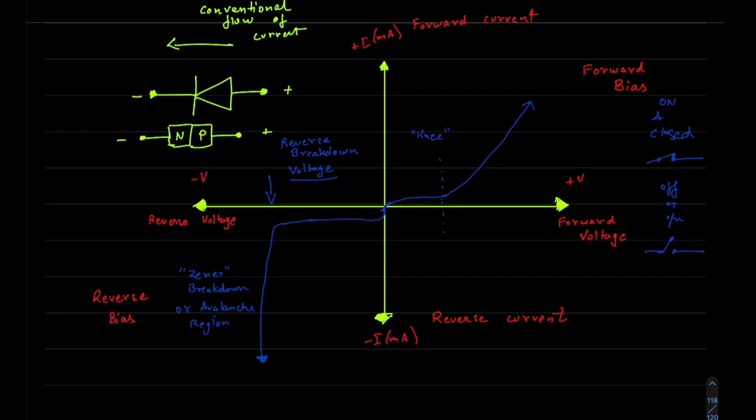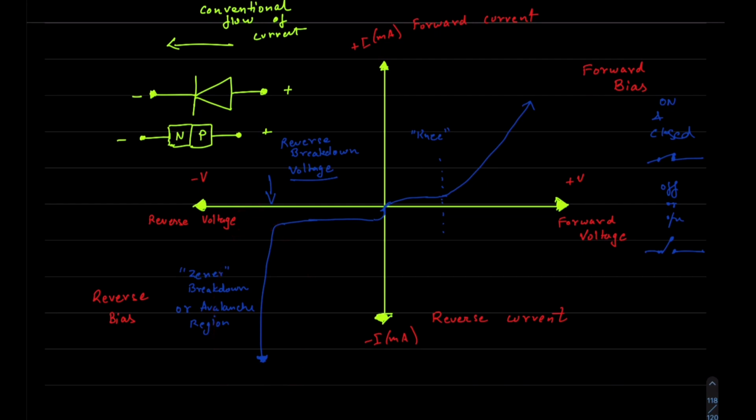It allows a large amount of current, but not unlimited, because there is always some dissipation of energy, so it cannot go unlimited. It'll break down. In the same way, in reverse breakdown, the diode will be destroyed.